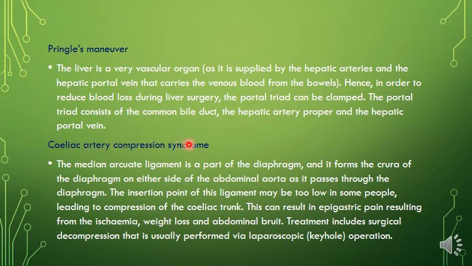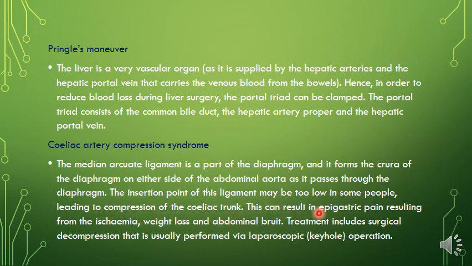And celiac artery compression syndrome. The median arcuate ligament is a part of the diaphragm, and it forms the crura of the diaphragm on either side of the abdominal aorta as it passes through the diaphragm. The median arcuate ligament can be attached too low in some people, leading to compression of the celiac trunk.